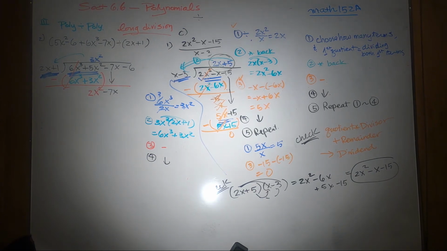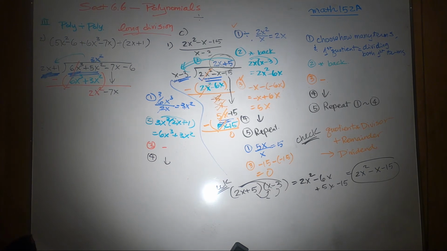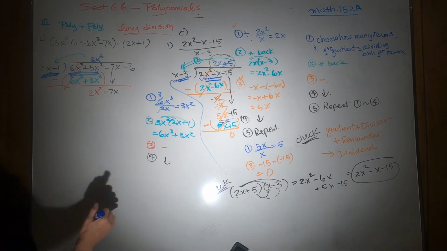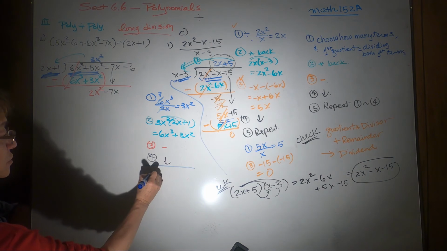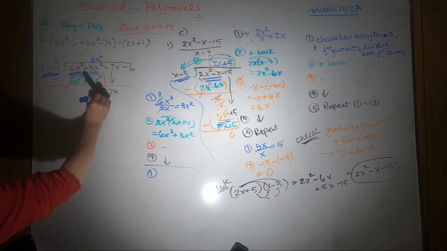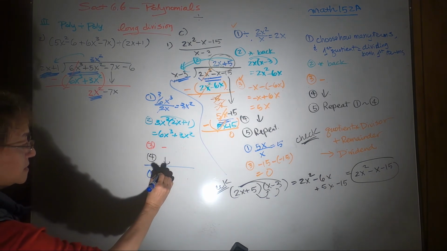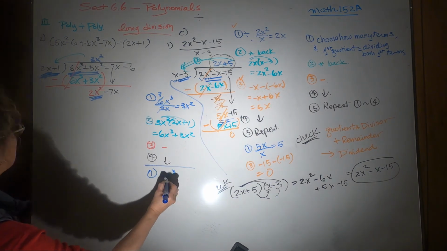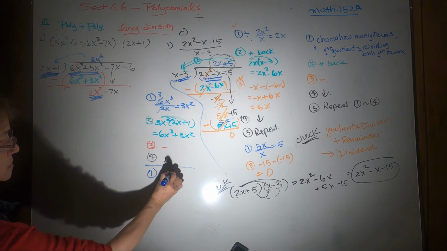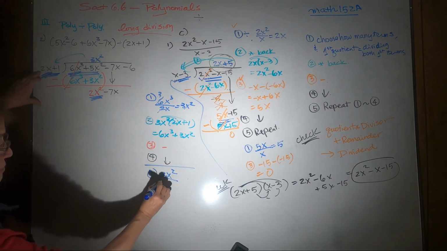Okay? Then you will repeat. Find the next quotient. When you find the quotient, you can only compare the first term and the first term to do the division.